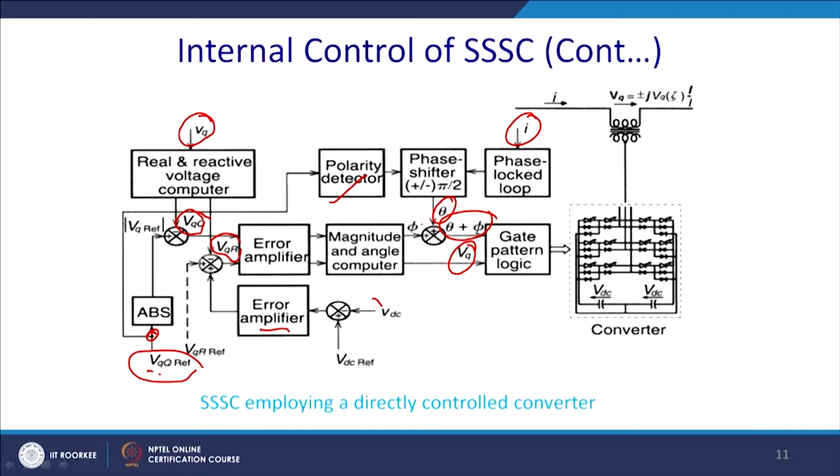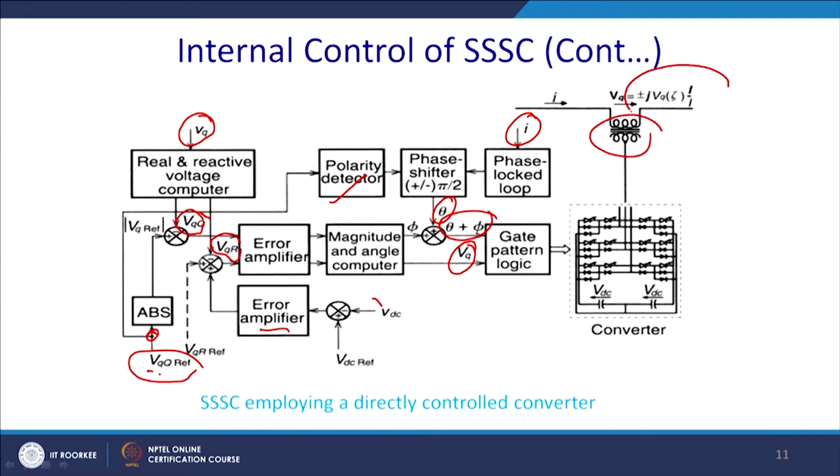Essentially, instead of the one PI controller here, in this case you will have 2 PI controllers, and thus theta plus phi will be the effective compensating angle, and you are required to inject the magnitude Vq. That information will be fed to the gate driver circuit, and then to this voltage controlled current source converter, and that will inject voltage Vq.